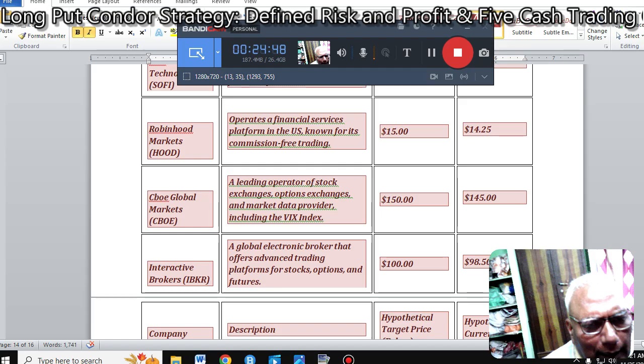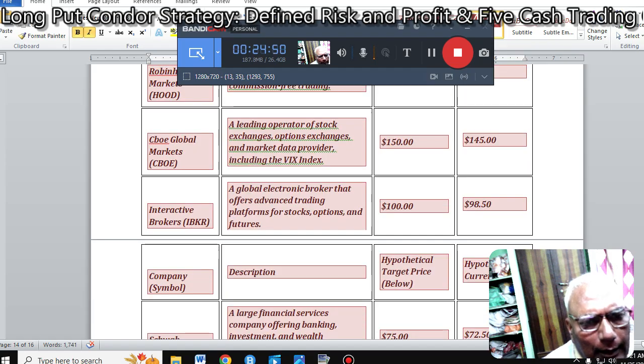Interactive Brokers, IBKR, a global electronic broker that offers advanced trading platforms for stocks, options and futures. Target price $100. Now current price $98.50.